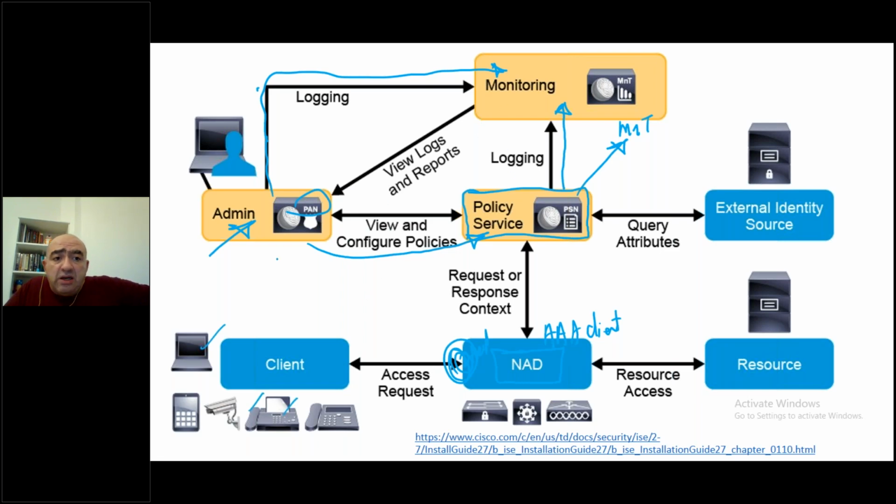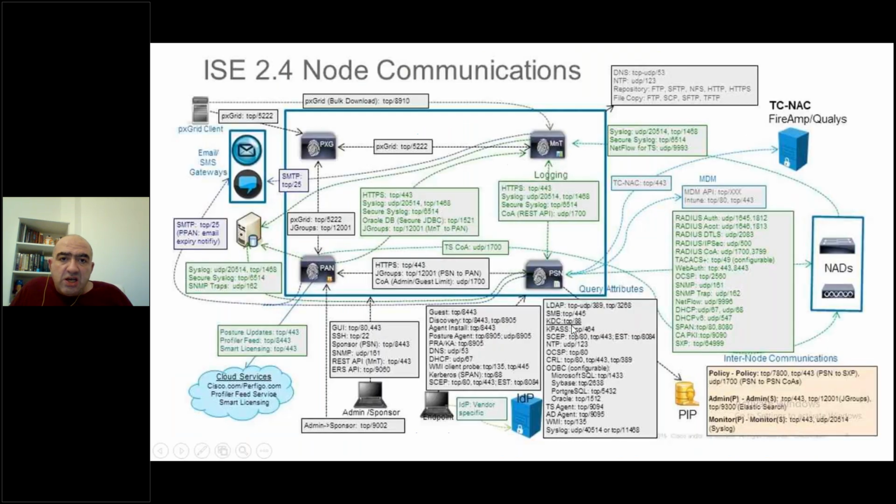And later, if I'm sitting in the administration persona, or on the PAN node, I can view the logs and have all the reports by communicating with this MNT. So from here, I can do all my job. For sure, if this guy is allowed, I will send this client to access the resources.